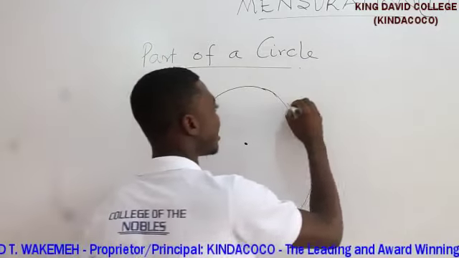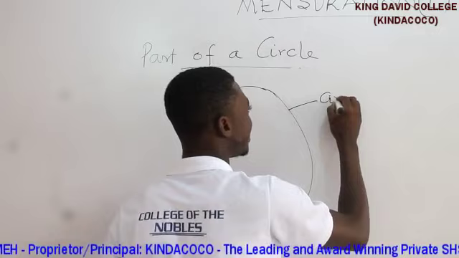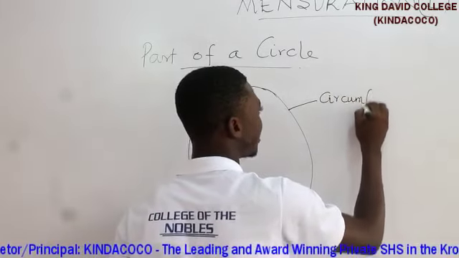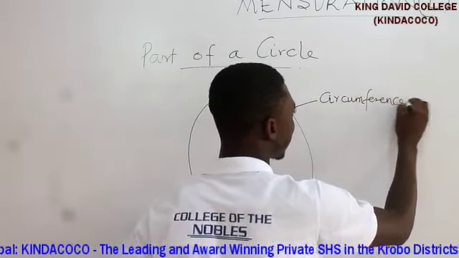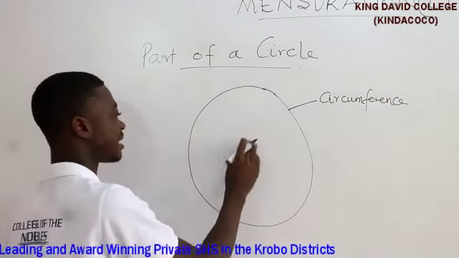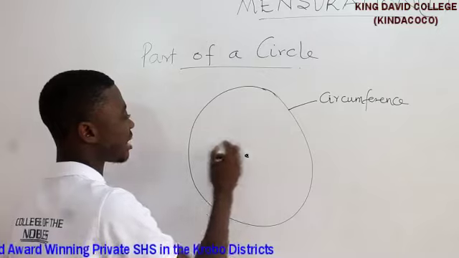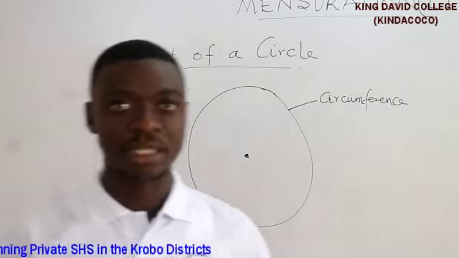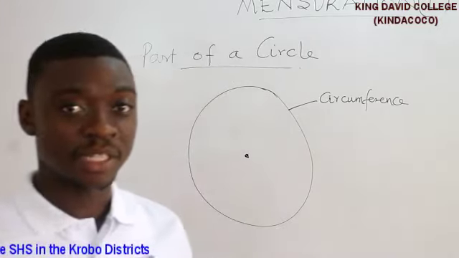The outer part is called the circumference, and this is the center. Maybe I denote it as O, as A, whatever. The center can be given to you in any form.